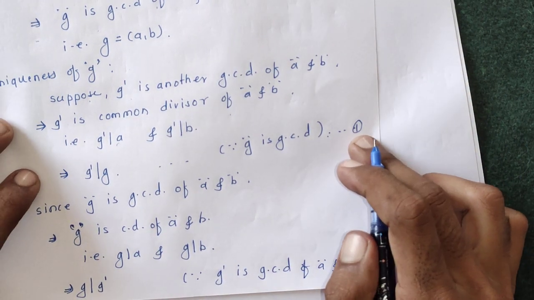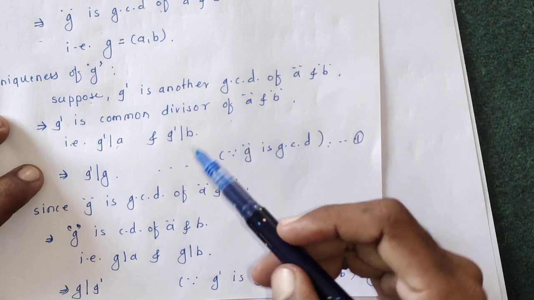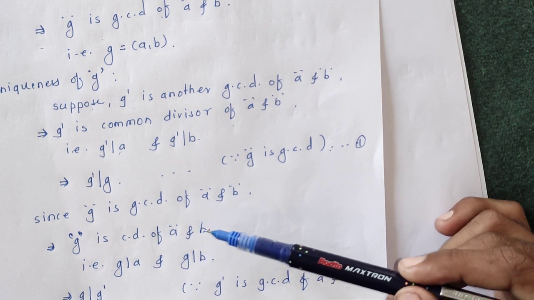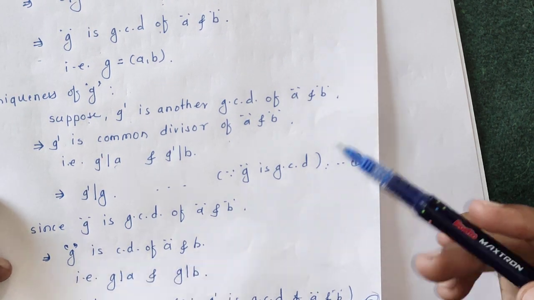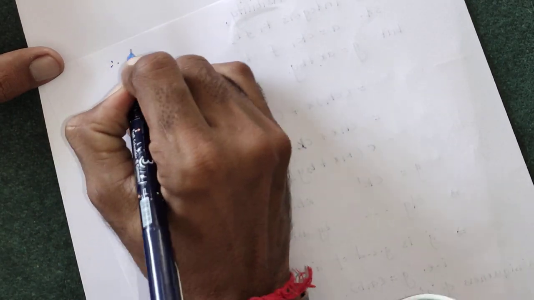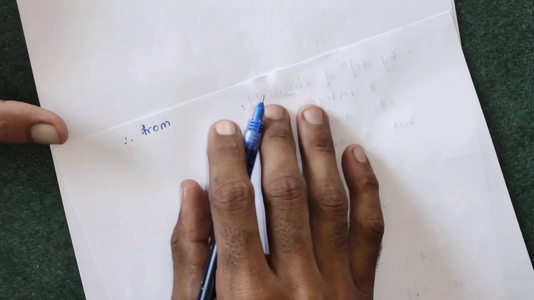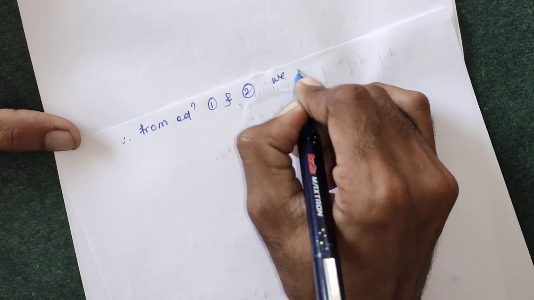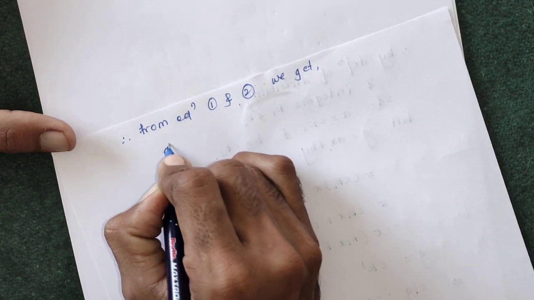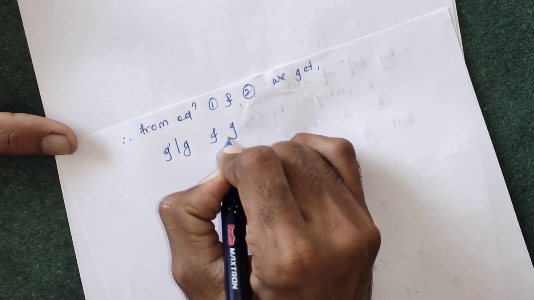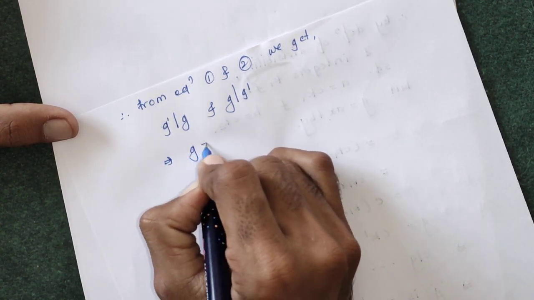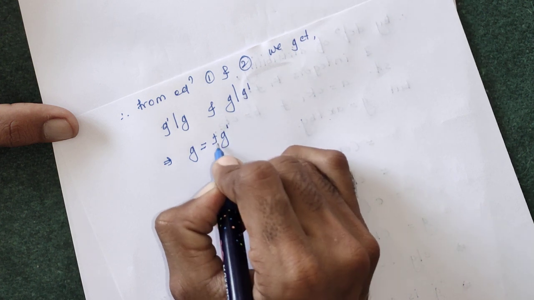To get the first equation we considered g prime as a common divisor and g as the GCD, and to get the second equation we considered g as a common divisor and g prime as the greatest common divisor. Therefore, from equations 1 and 2 we get g prime divides g and g divides g prime. This implies g is equal to plus or minus g prime.